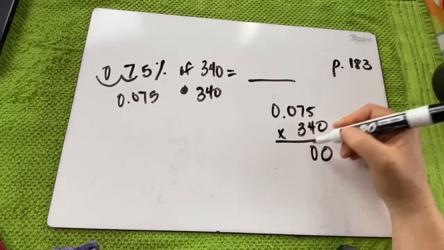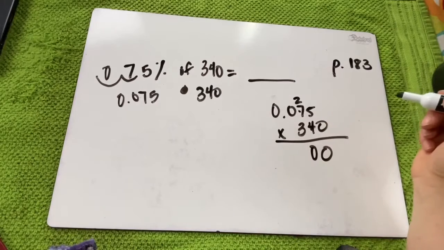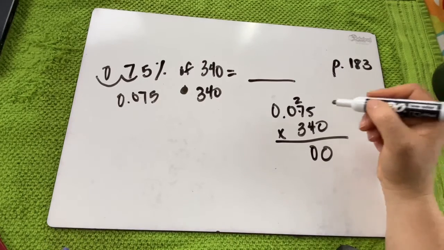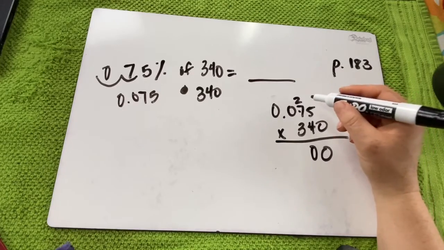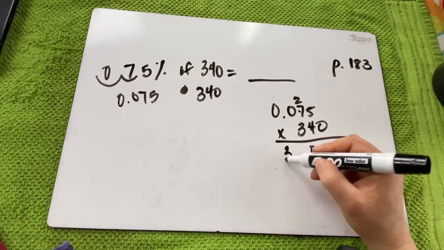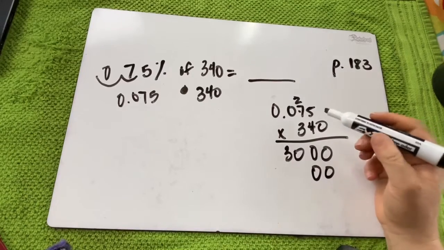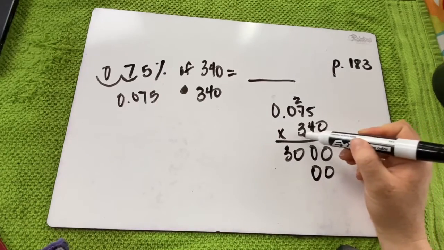Okay, that's 0, 2. 28, 29, 30. Drop a 0, 0, right? Because now I'm in the 300 range.